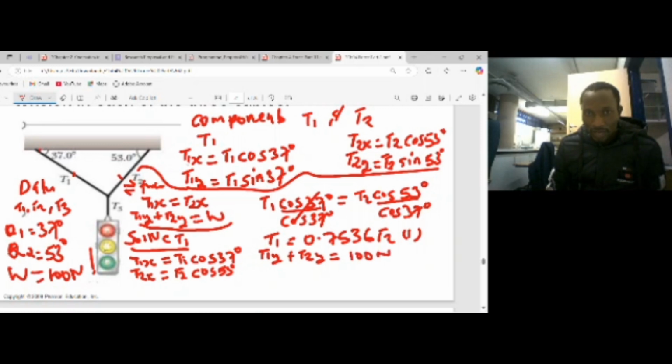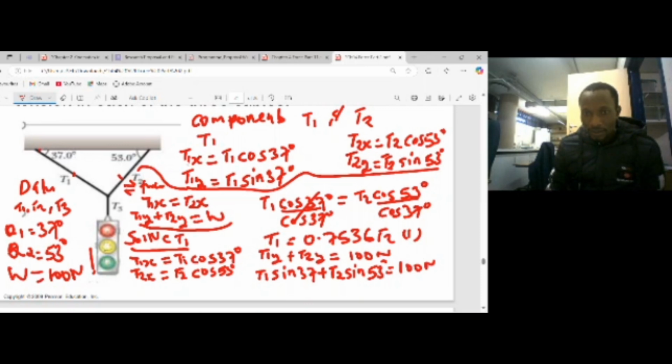T1y is T1 sin 37, plus T2y, which is T2 sin 53 degrees, is equal to 100 Newton, right?